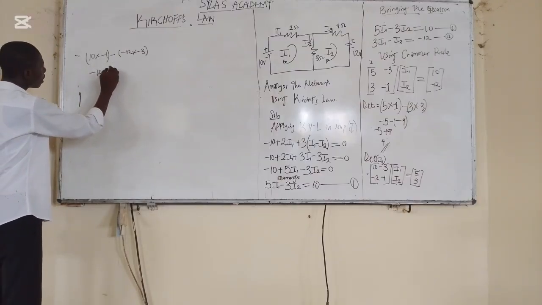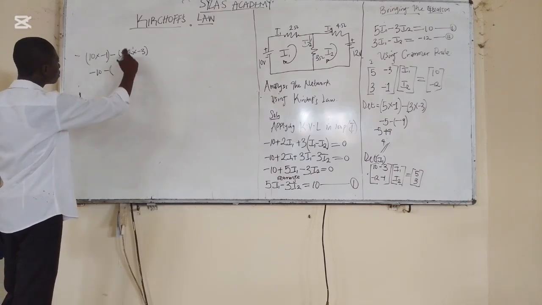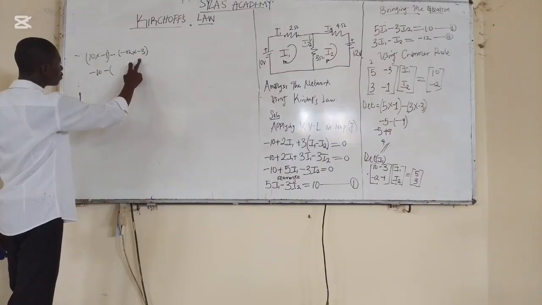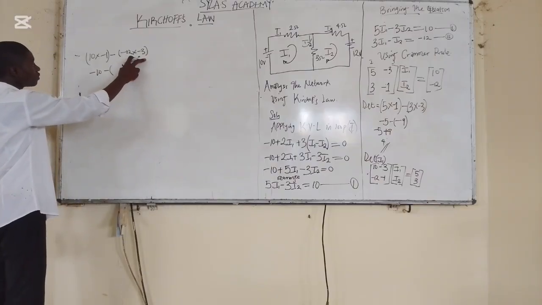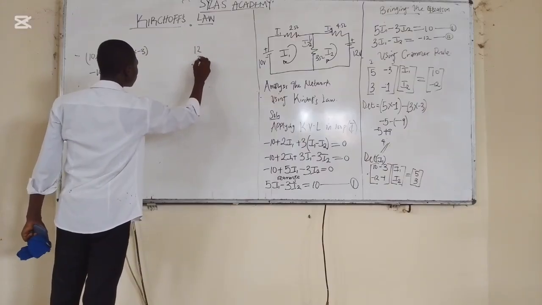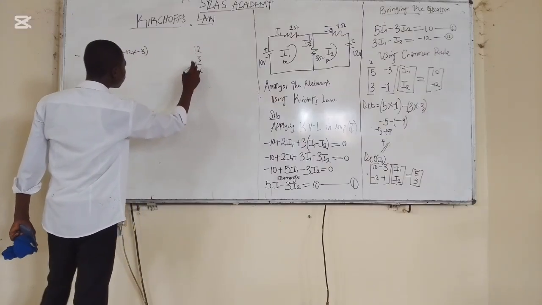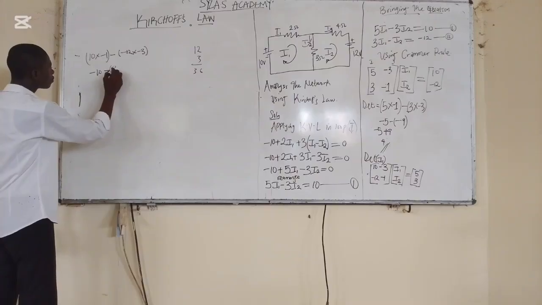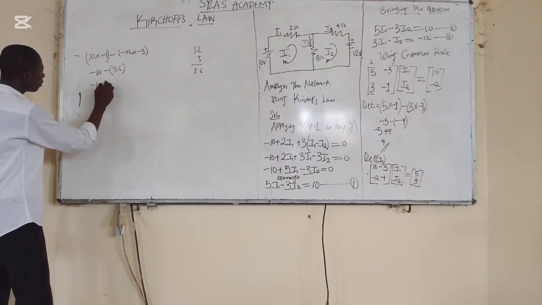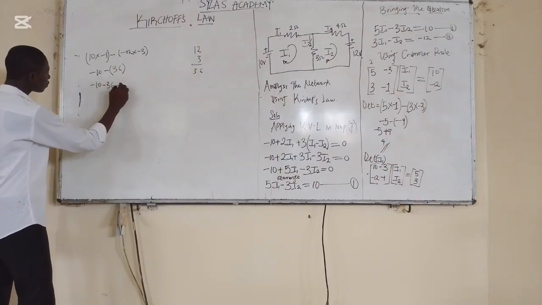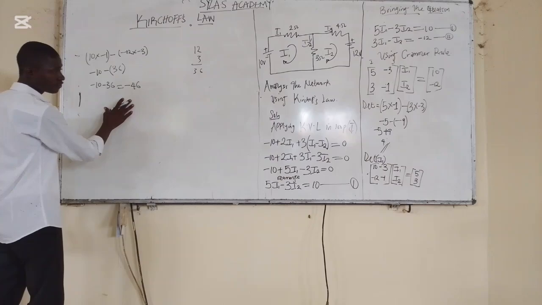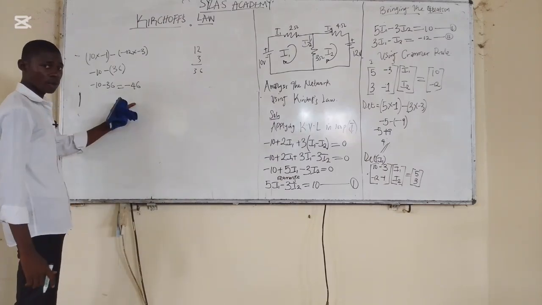Minus 12, minus times minus gives you plus. 12 times 3 gives you 36. Minus 10 minus 36 gives you minus 46. Are you following now? This is the determinant of I1. Now, let's solve for the determinant of I2.